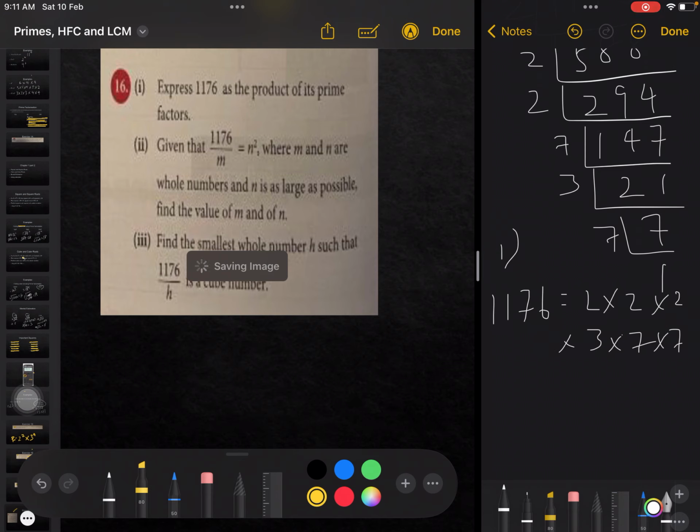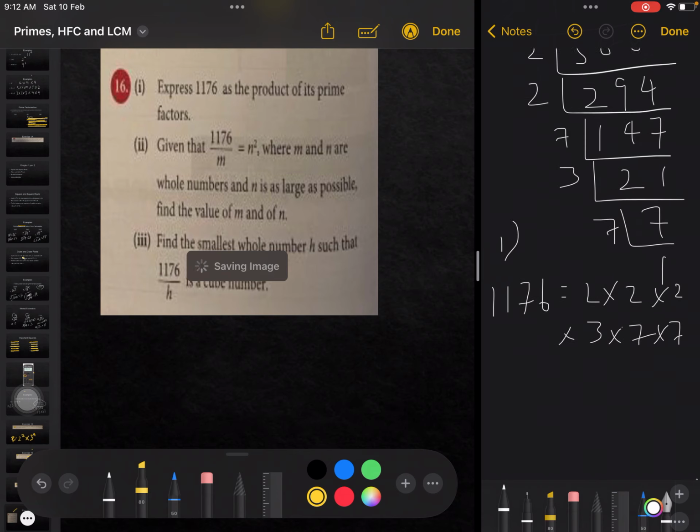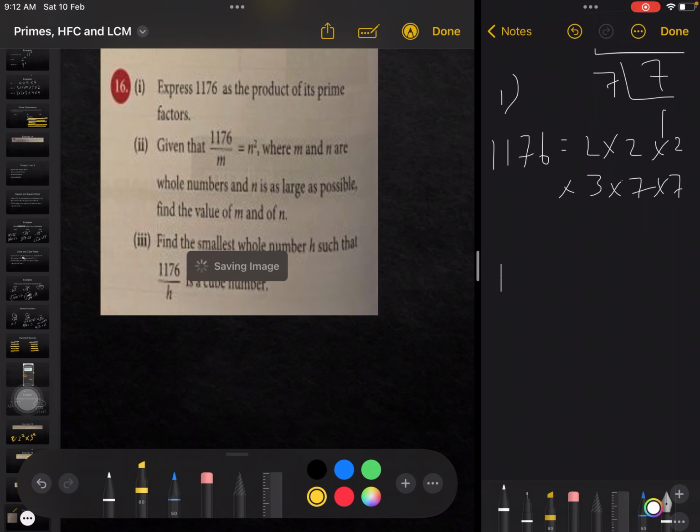Basically it asks us to remove some factors. We want 1176 divided by m to give n squared.